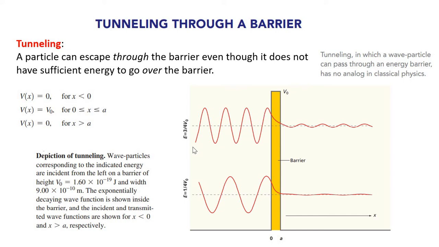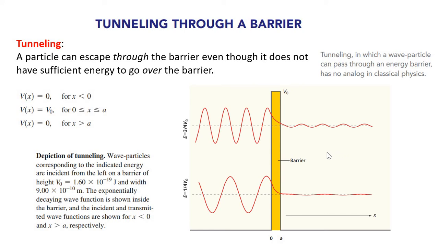Suppose you are a high jumper and this is the height of the rope or rod, and if you don't have sufficient energy to go over the barrier, you cannot go over to the right side region, because you are a classical particle. If the energy is greater than V0, then of course it can cross the barrier and go to the right hand side. That is the classical picture.